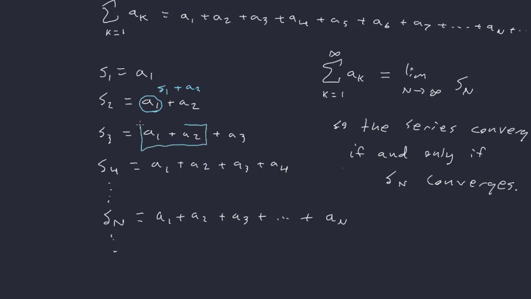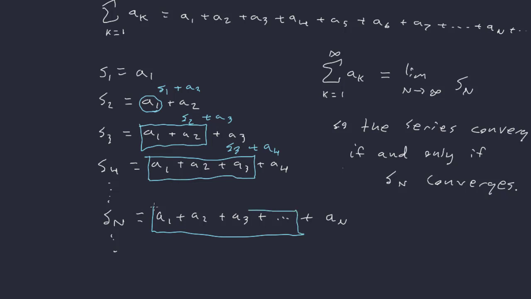And then S3 is S2 plus the next term. And then S4 is S3 plus the next term, right? So it's always the previous S plus the next term. So all of this up to this point is S of n minus 1 plus A sub n.